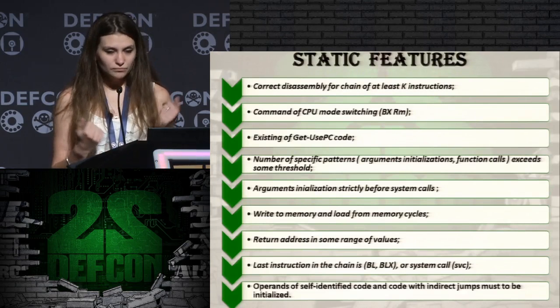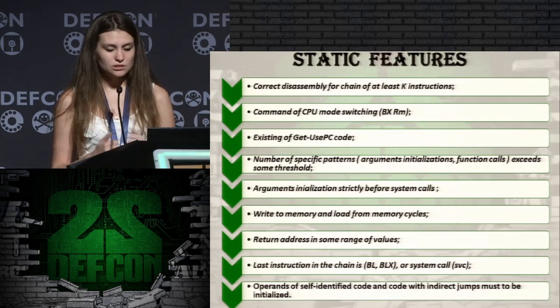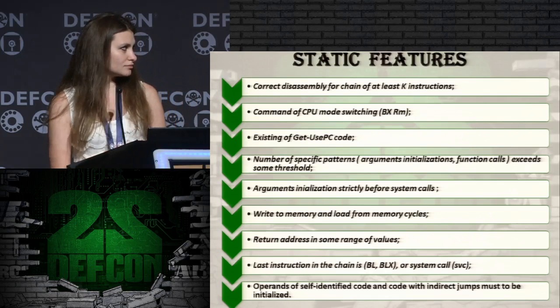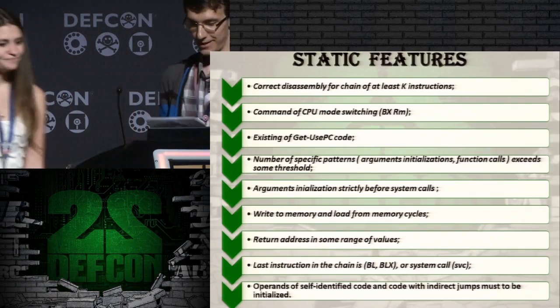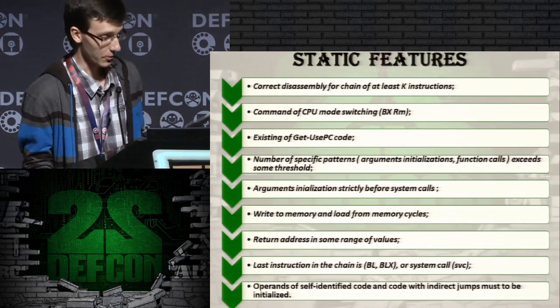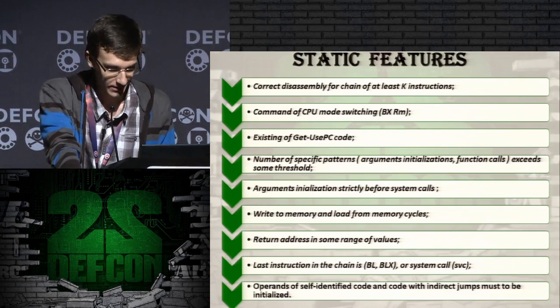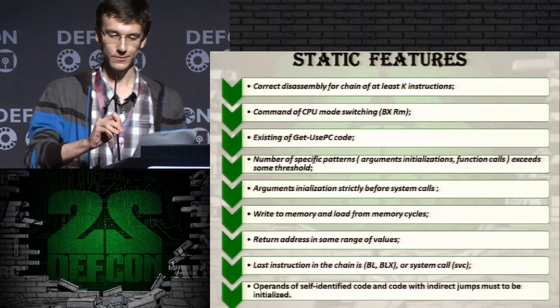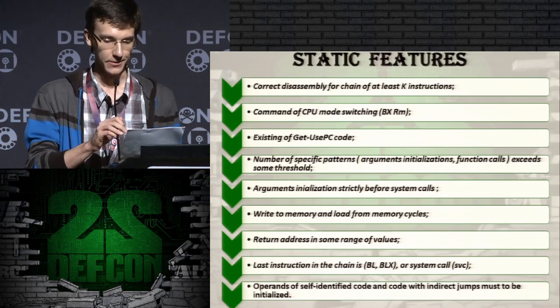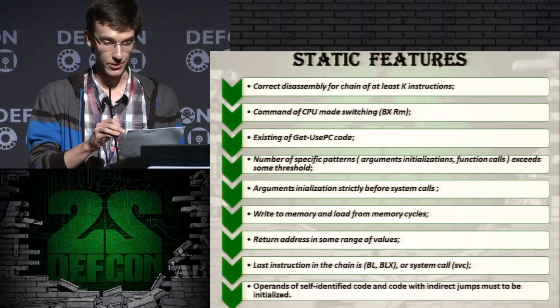Here is the list of static shellcode features which could mark shellcode in incoming traffic. Half of these features came from x86 shellcodes, and the remaining ones are ARM shellcode features.